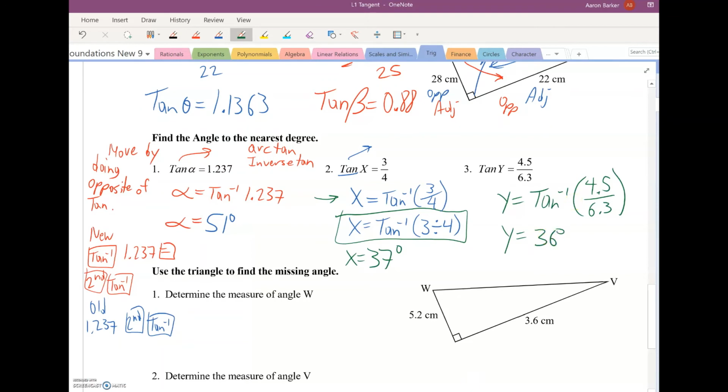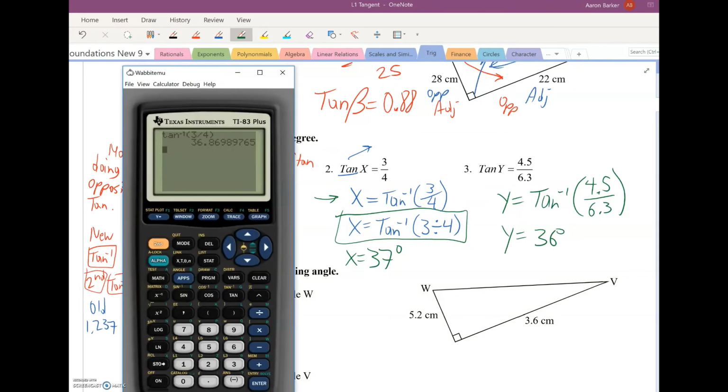Okay. Try a new calculator. Here we go. I enter it in as you see it, so I'm going to clear it. You don't need to clear, I just want to show you fresh. So second function, tan, because I want tan negative 1. Now with tan negative 1 up there, I can go 4.5 divided by 6.3, and I have to close that off.